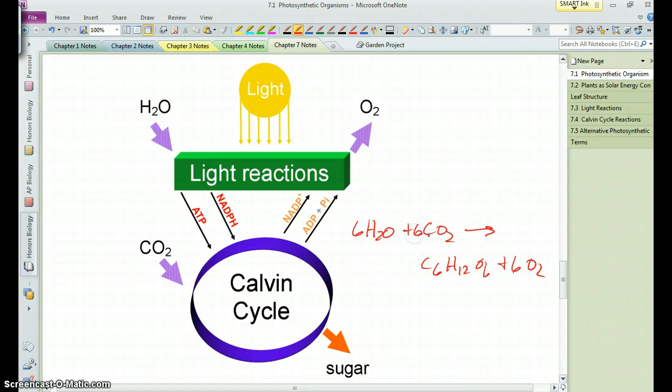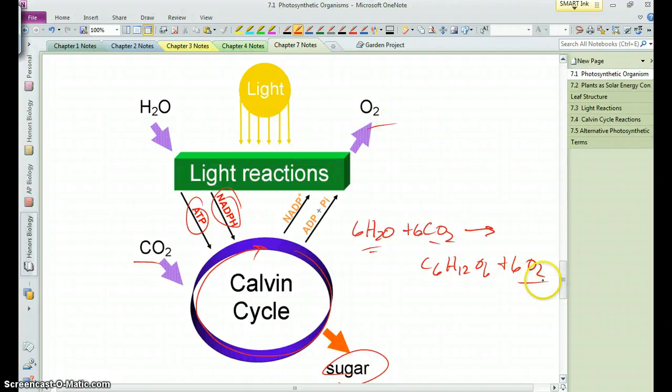So the water is used in the light reactions. Carbon dioxide is used in the Calvin cycle. And what's happening is the light reactions are generating energy-rich molecules, NADPH and ATP. We'll see the details of how that happens later. And those energy-rich molecules are used to drive the Calvin cycle, which takes in the CO2 and is able to make use of that CO2 to build up some sugars.